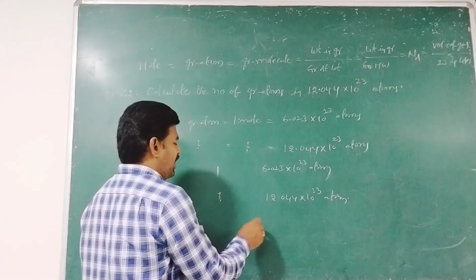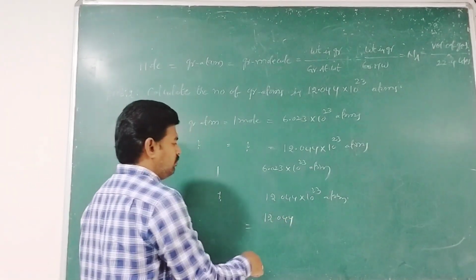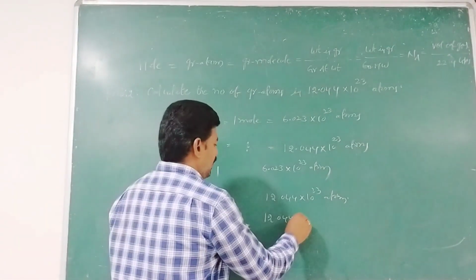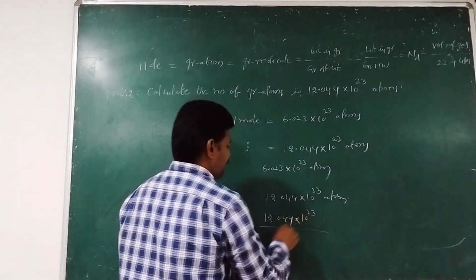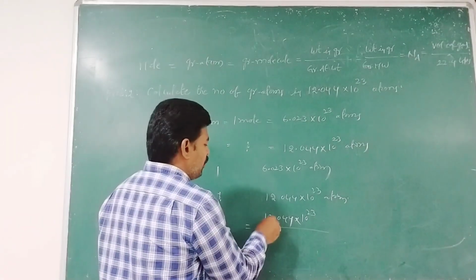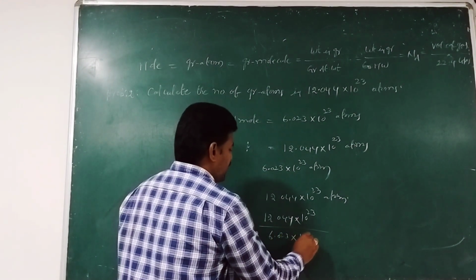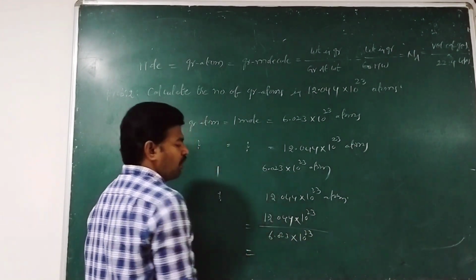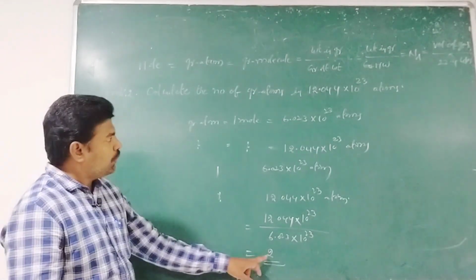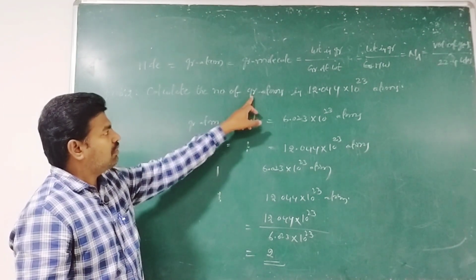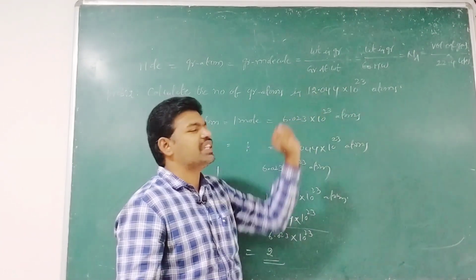This can be calculated by cross multiplication: 12.044 into 10 to the power of 23 by 6.023 into 10 to the power of 23. That gives approximately 2. So, 2 gram atoms are there in 12.044 into 10 to the power of 23 atoms.